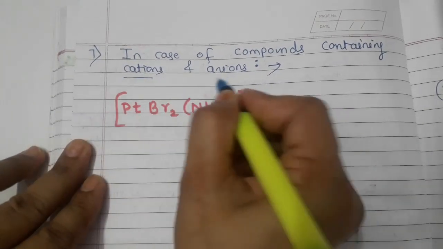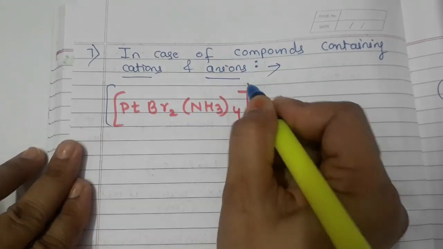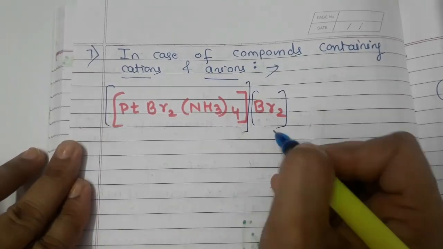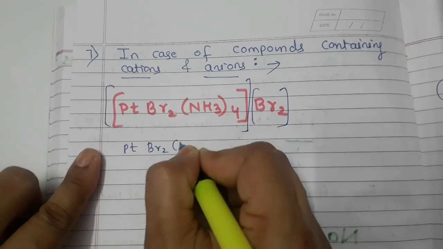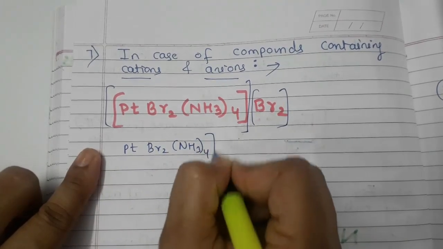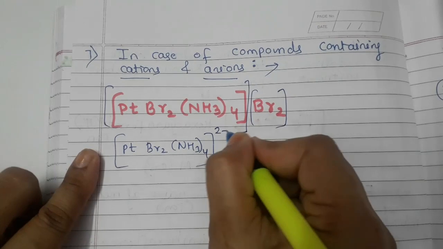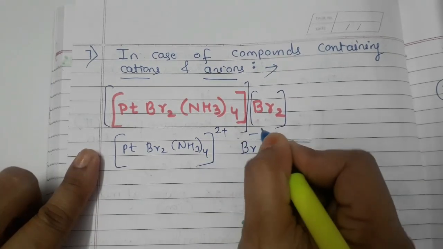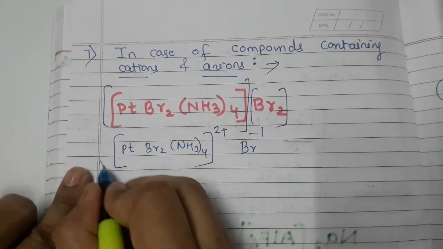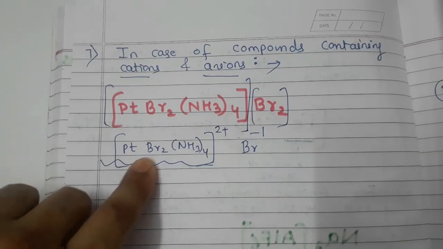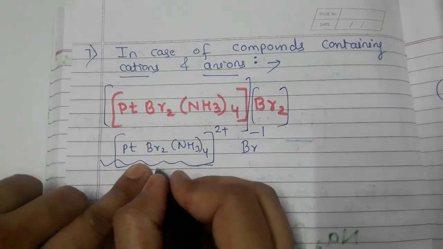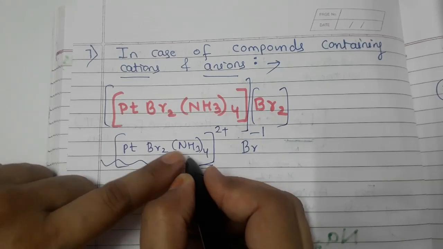Now cation and anion. This is the entire cation and this is the anion. First of all, we will break it into cation and anion. So we have this, and I write here 2 plus and Br minus 1. So let us name now this first. Now there are two different types of ligands present. Bromo is there and amine is there. A comes first.